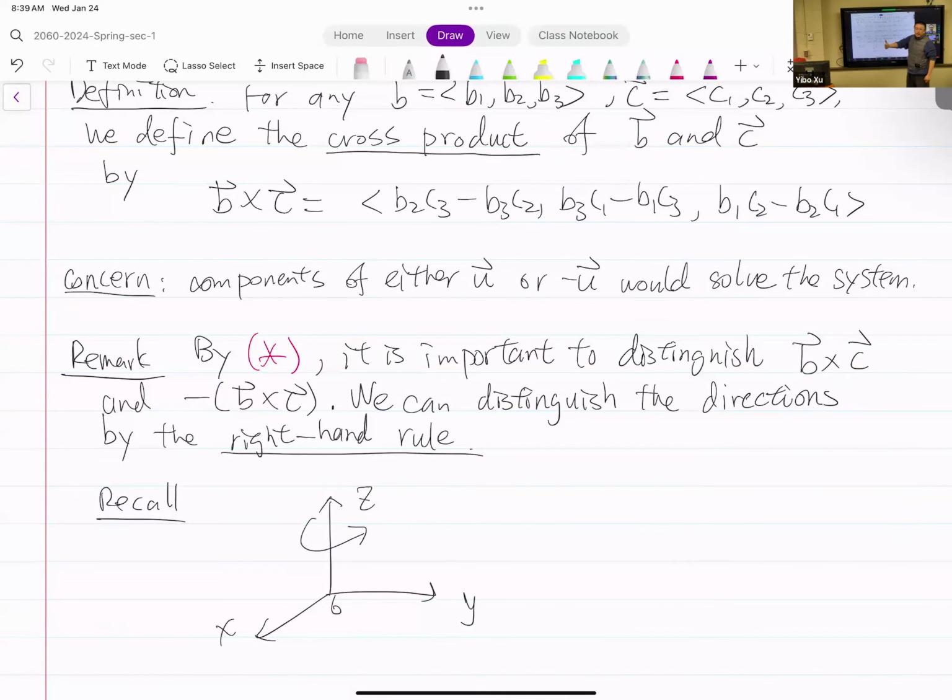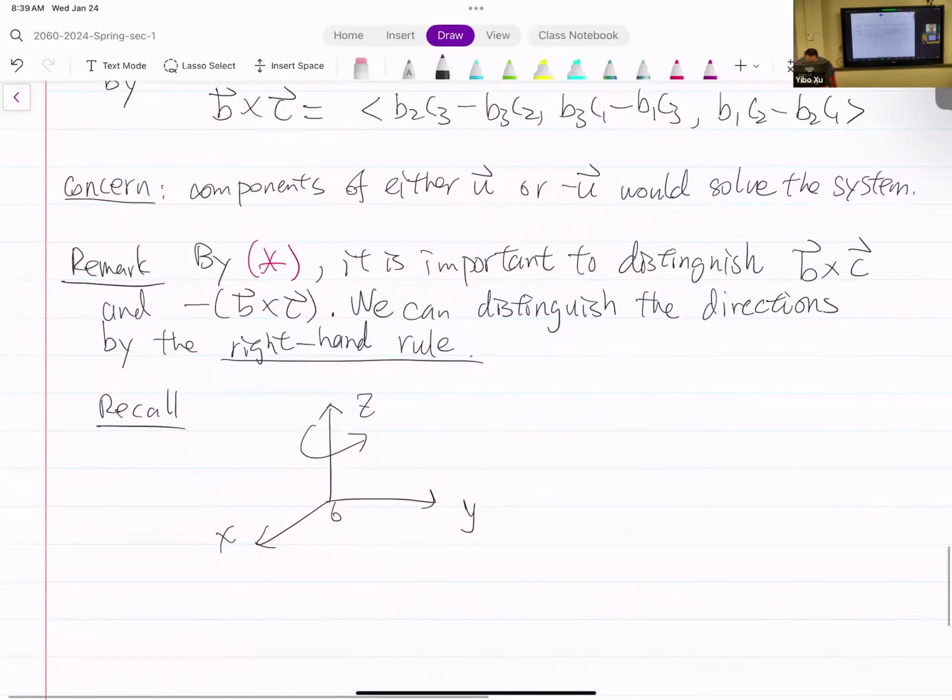This gives you the relationship between three vectors, and it is the same for a cross product. Your fingers go along the first vector b, then you bend along the direction c, and then the thumb is pointing upwards. That's the direction of the cross product. The opposite direction would be downward, which does not follow your right hand. So that's the right-hand rule.